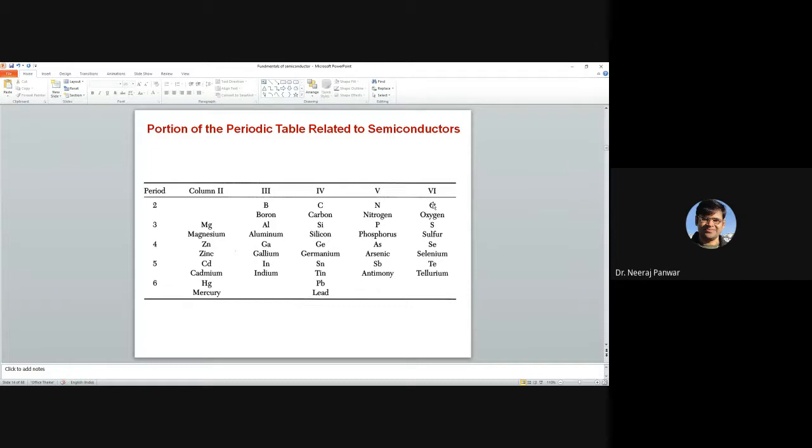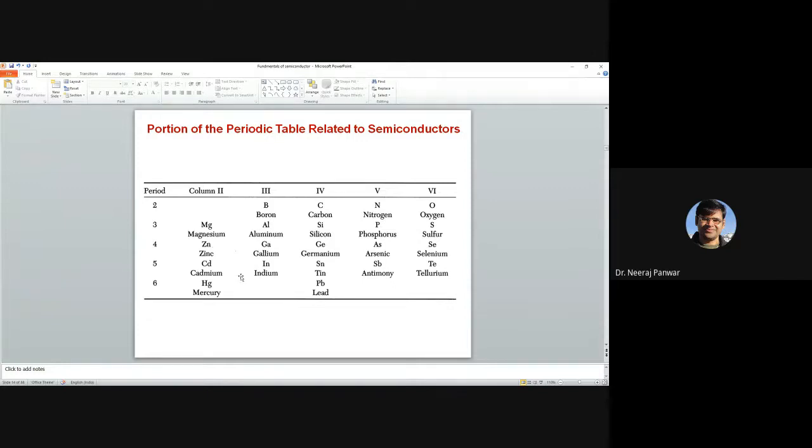A lot of research has been done on it, but it is very difficult to grow p-type zinc oxide because of oxygen vacancies. Originally it becomes n-type, and therefore it is very difficult to make p-type. But nevertheless, to fabricate zinc oxide thin films is very, very easy.